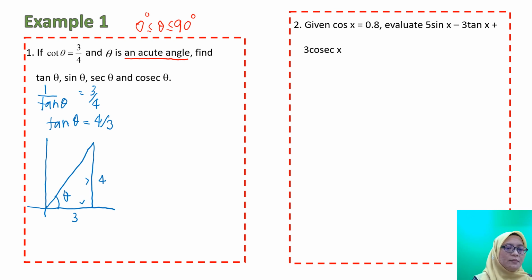Then by using Pythagoras theorem, we get the hypotenuse is 5. Then we can find sin theta. From the diagram, sin is opposite over hypotenuse, so we get the value 4/5.